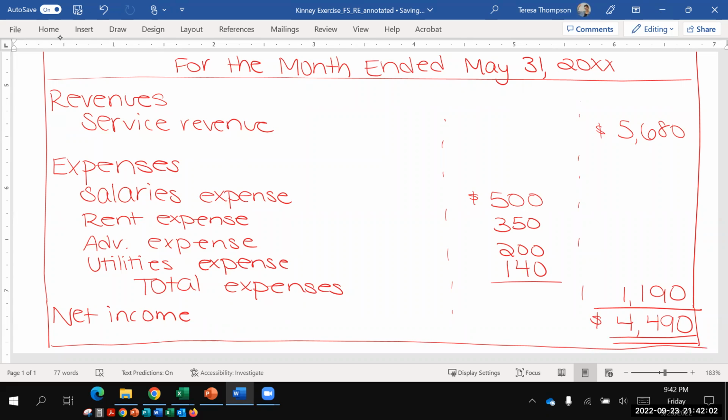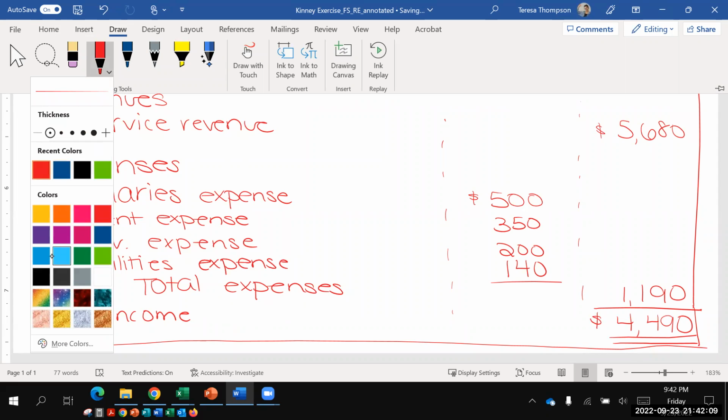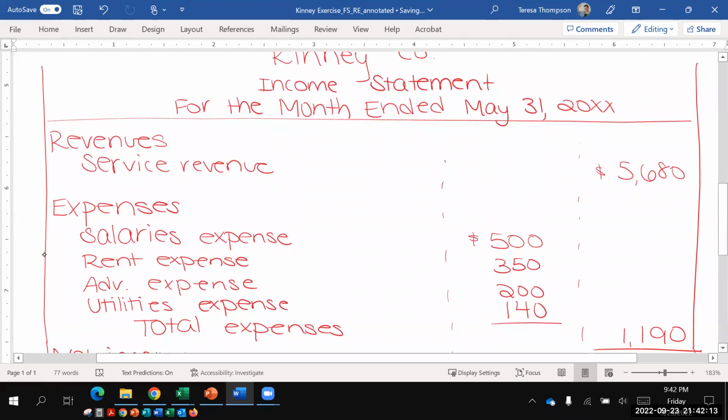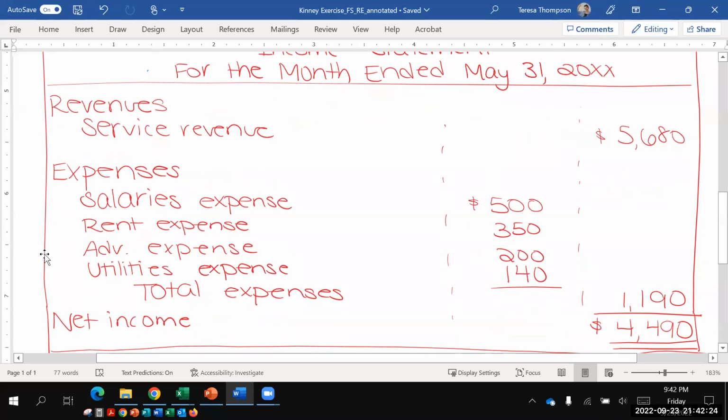Now, a couple things I'm going to go ahead and just show you formatting wise, because formatting does count. We're always very particular about our formatting as accountants. We said 3-line header, right? The name of the company always comes first, the name of the statement, the time period. So if you switched any of those, that would not be correct. Notice we didn't put dollar signs on every single figure here. The rule is the first number of the column gets the dollar sign.